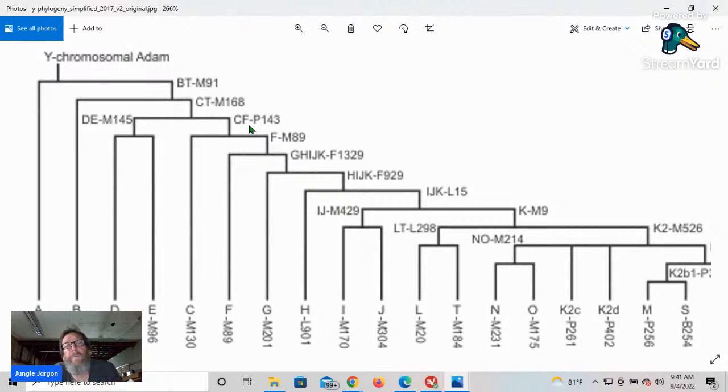CF, the ones that don't have it are D and E, B and A, which indicates to me that C, who I know to be Nimrod, is probably the oldest son of Cush, which might mean Cush is the oldest son, I'm not sure. But at any rate, Nimrod is the oldest son of Cush.